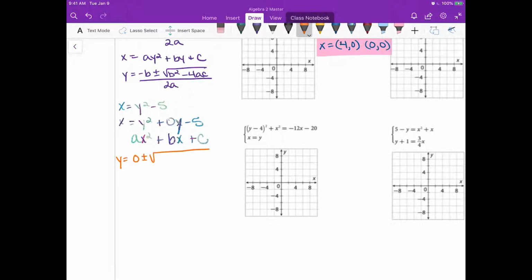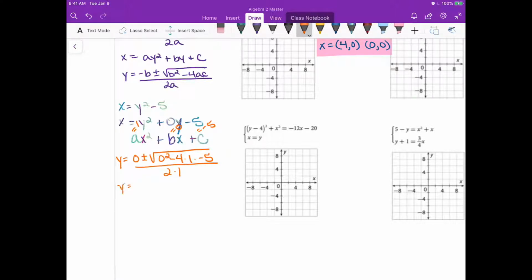or minus the square root of 0 squared minus 4 times 1 times negative 5, where a equals 1, b equals 0, and c equals negative 5, all over 2 times 1.